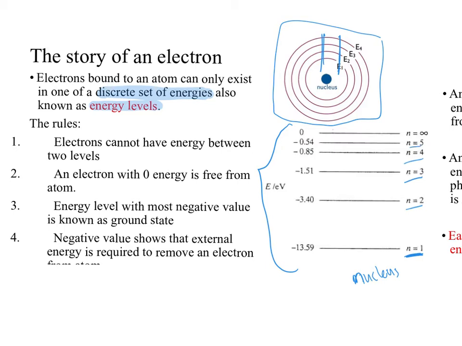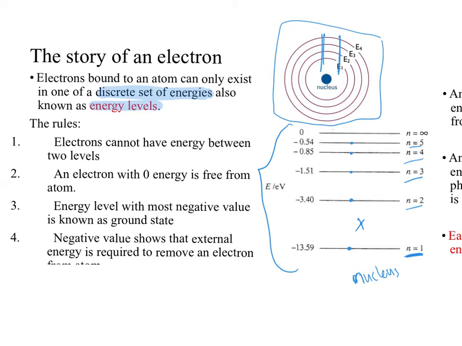There are some rules to know about this. So one of the rules is that the electrons cannot have energy between 2 energy levels. So I can't have 1 electron existing here at all. That does not work. It should be clearly on one of these energy levels. And it can move between those energy levels as well, depending on what is given to it.